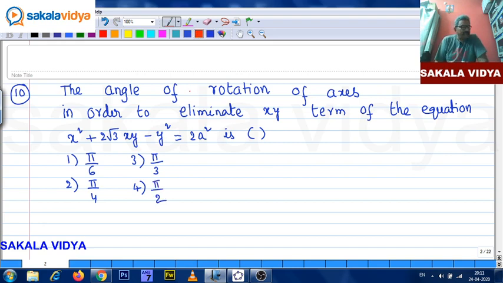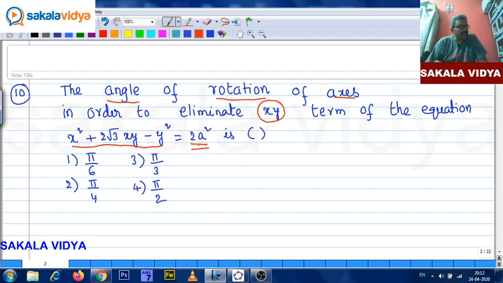See, the angle of rotation of axes in order to eliminate the second degree term xy from the equation x square plus 2 root 3 xy minus y square equal to 2a square.